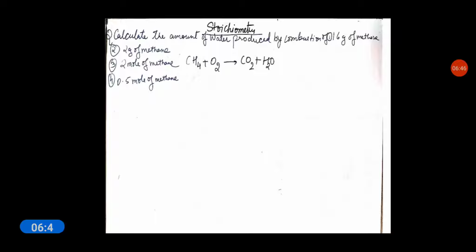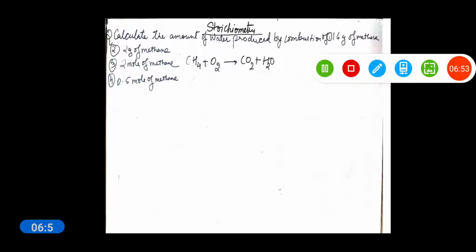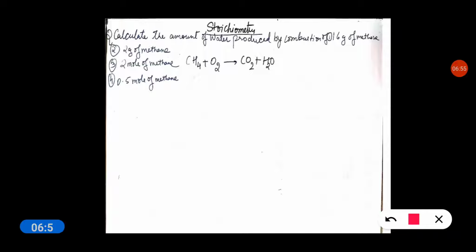Next question, calculate the amount of water produced by the combustion of 16 gram of methane. Now the same equation is there: CH4 plus 2O2 gives CO2 plus 2H2O.